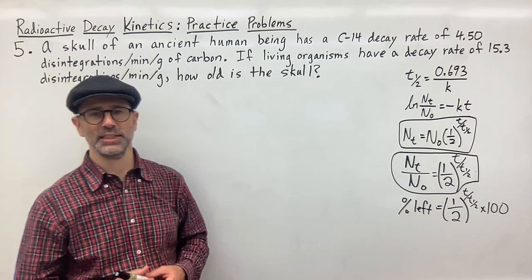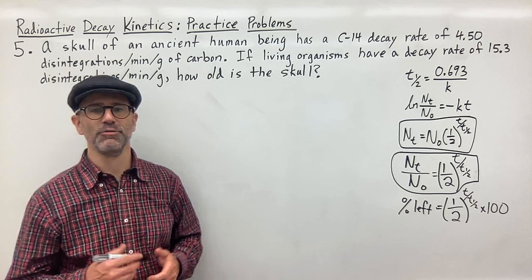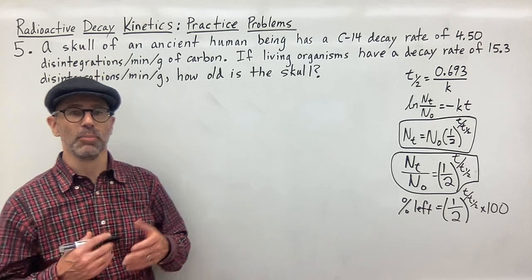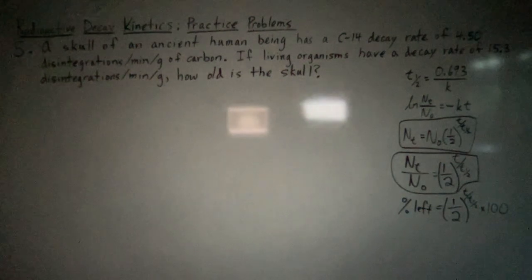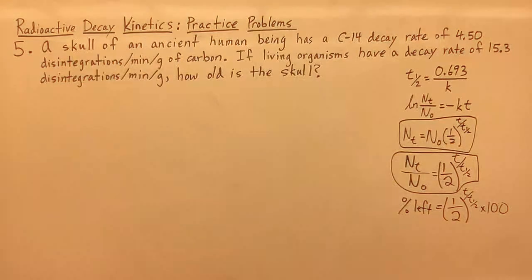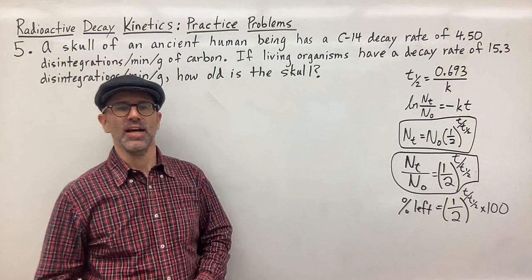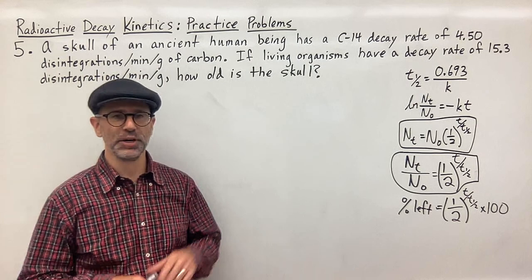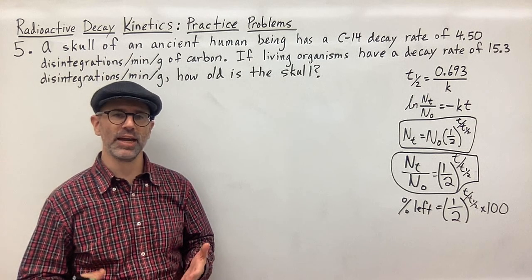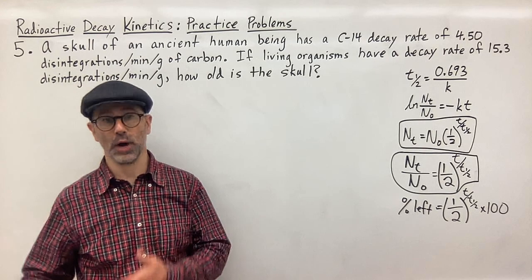If living organisms right now have a decay rate of 15.3 disintegrations per minute per gram, how old is the skull? So the question is, how old is the skull if you have these two different decay rates going on? The decay rate of the skull right now versus the decay rate of living organisms right now.